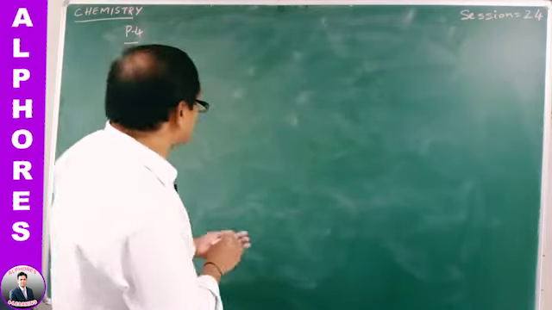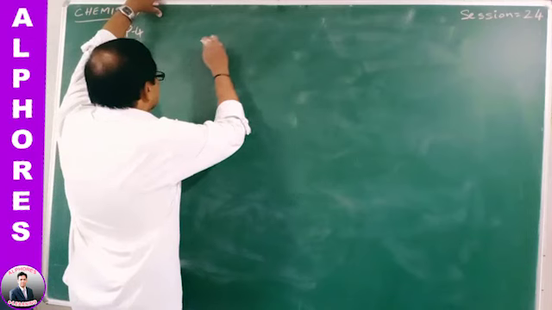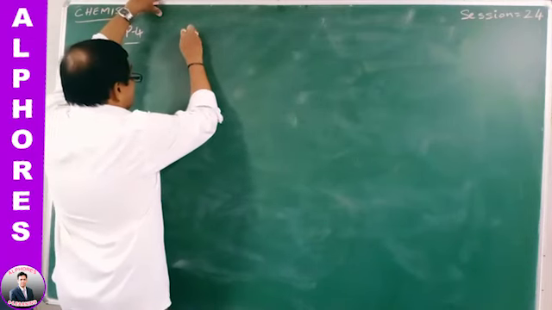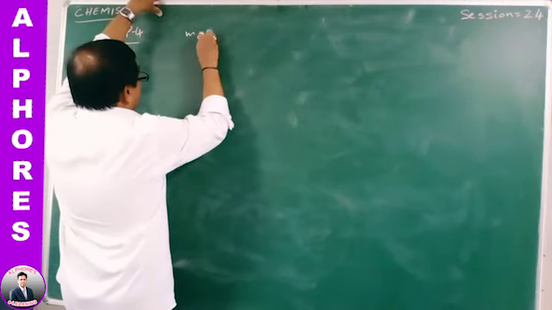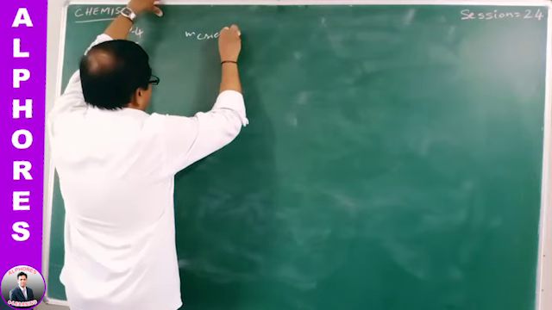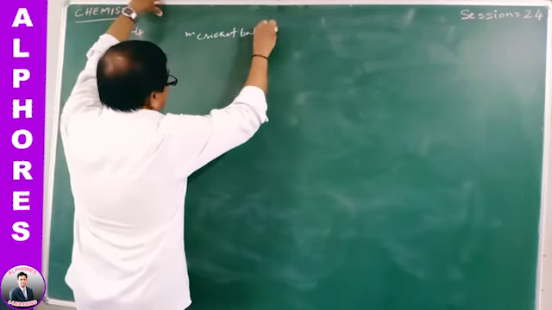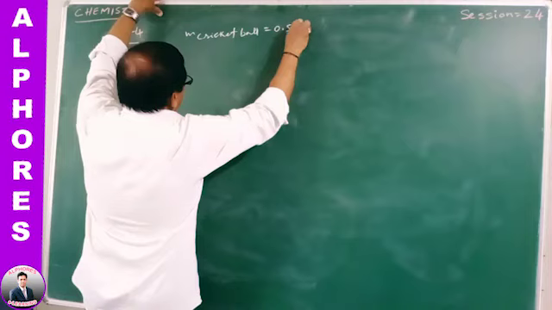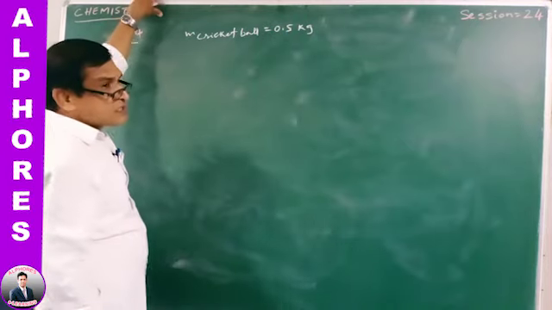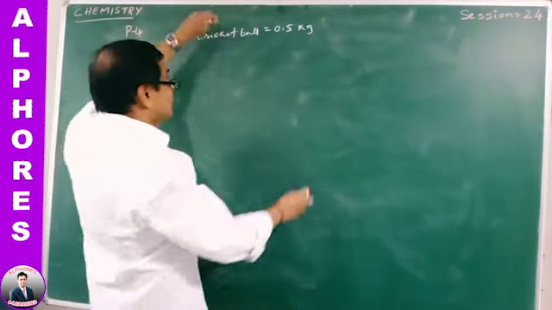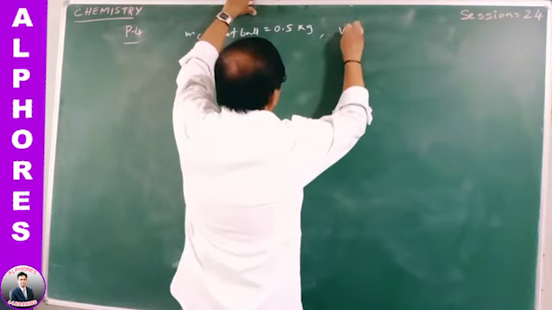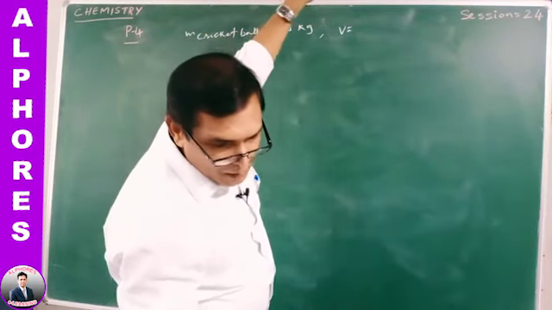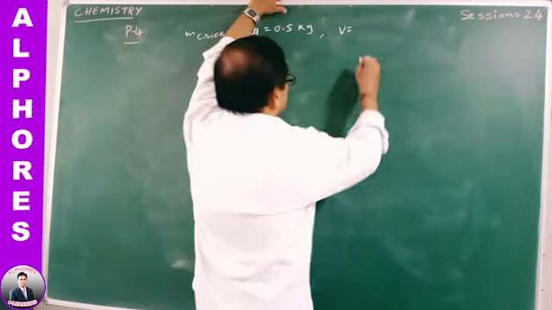Right. Let us take the data. Mass of the cricket ball is equal to 0.5 kg, and it is moving with velocity 100 meters per second.